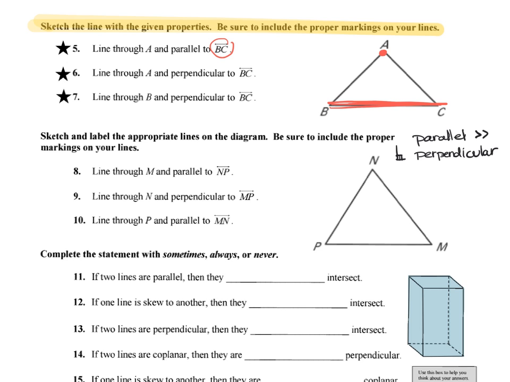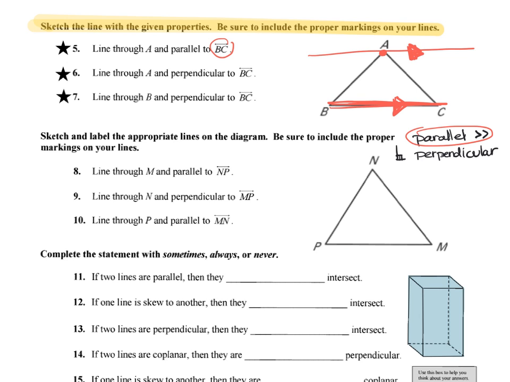That would mean that I would have to go straight across. Now, to show that those are parallel, we have to put the arrow on both of them. And I make them a little bit bigger here. And so those are the arrows that make those parallel.